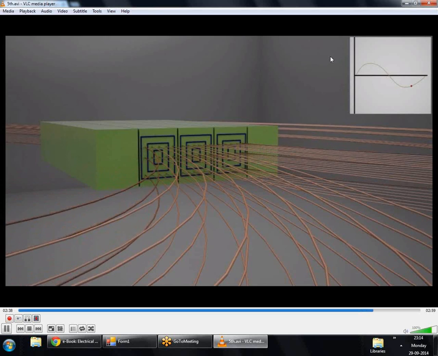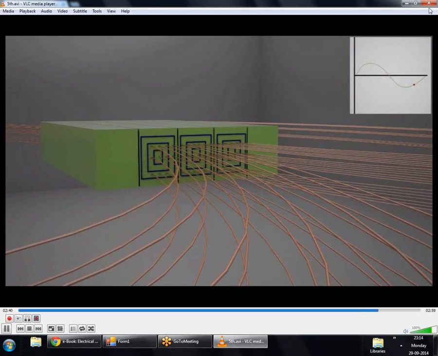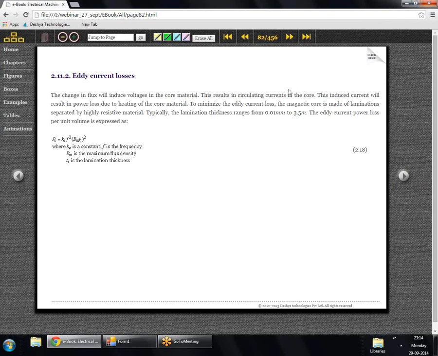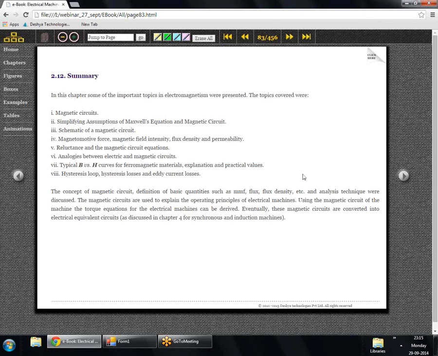The details are explained inside the book on electrical machines, so we will not go into further details because of the time limitation. We have now seen the eddy current losses and the hysteresis losses, and both these losses together constitute the core losses in electrical machines. With this, we come to the end of the theoretical aspect of the magnetic circuits.